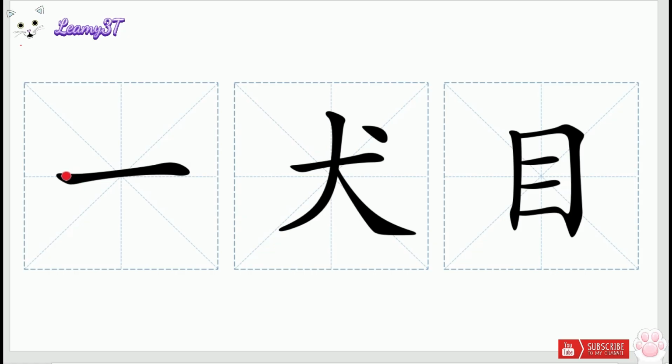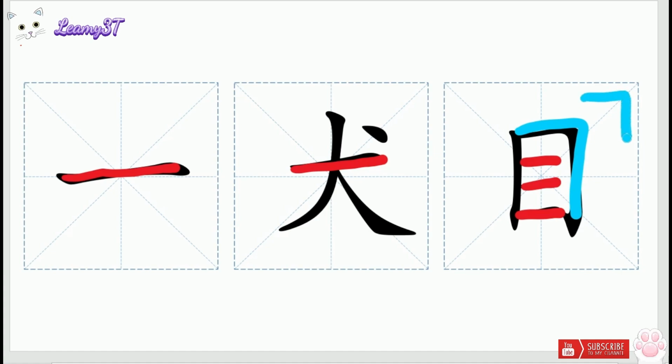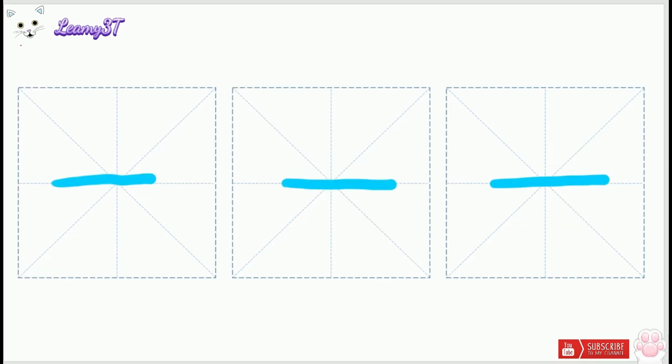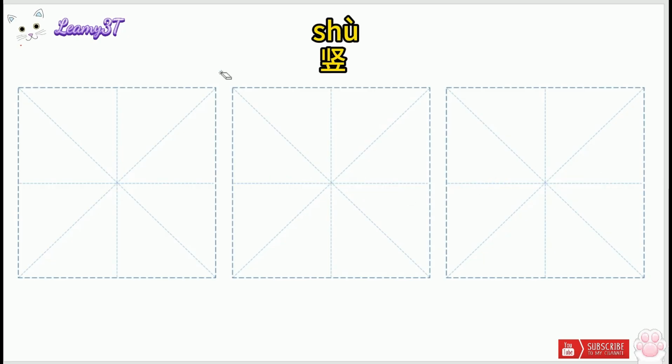Héng, héng, héng, héng, héng. Okay, this stroke, it's not héng, it's héng zhe, which we will learn next time, or maybe later. So now you know that héng can be short or quite long.